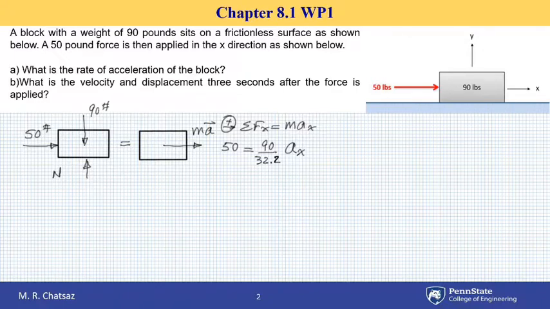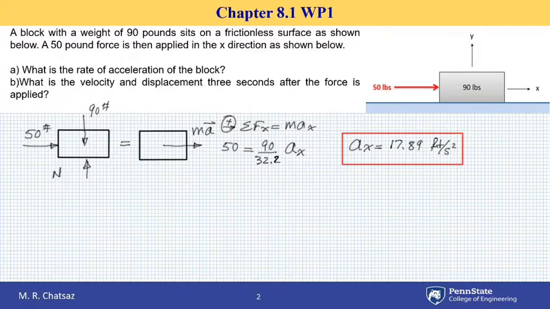If I take this equation and solve it for A, acceleration turns out to be 17.89 feet per second squared. So that's part A of the problem.